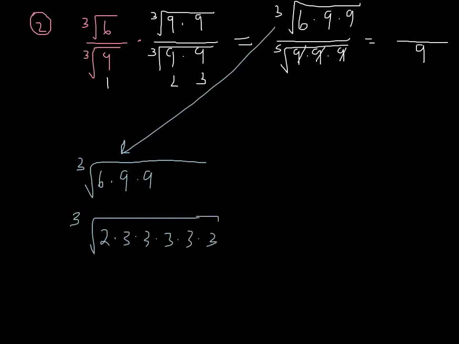So, again, because this is a cube root, we're looking for groups of 3. This group of 3 will simplify, and what's left is 3 times 3 times 2, which is 18. So this now becomes our numerator.